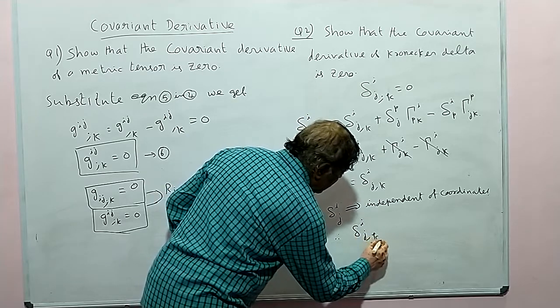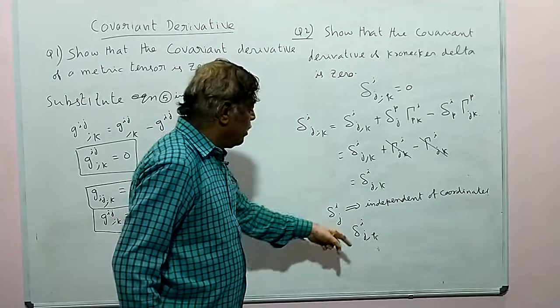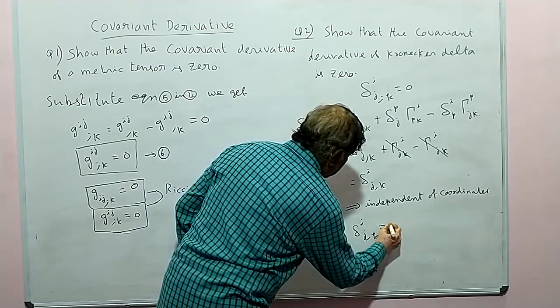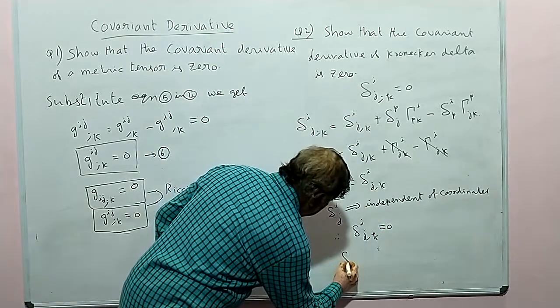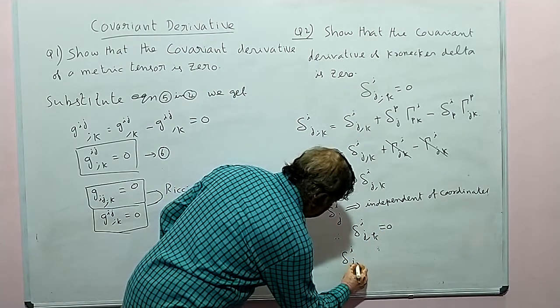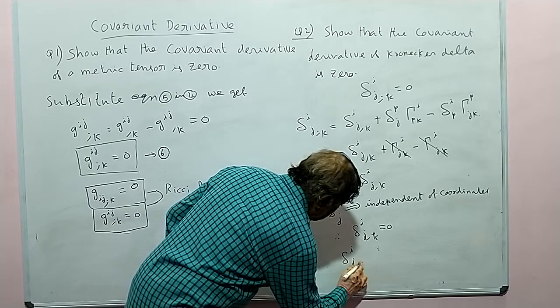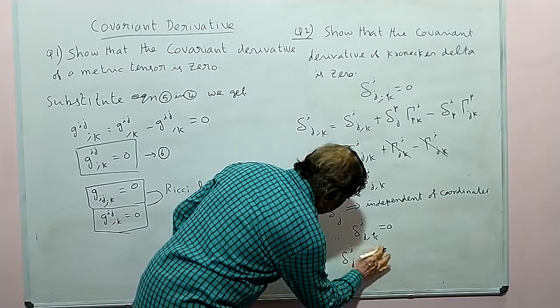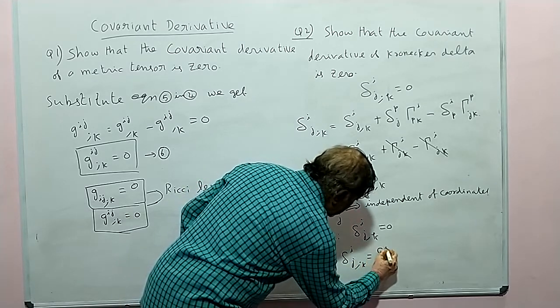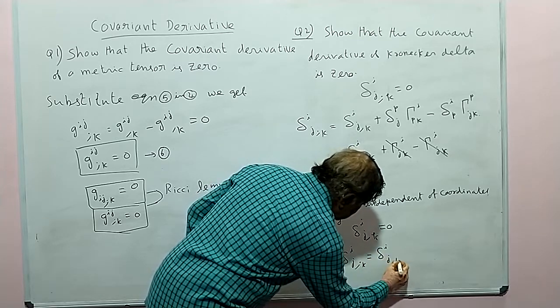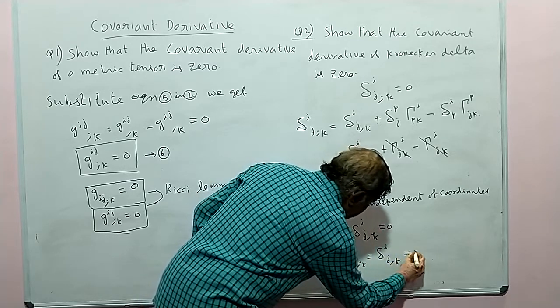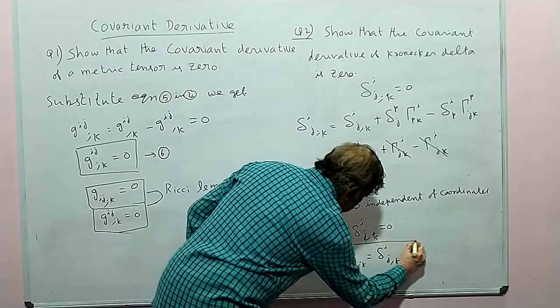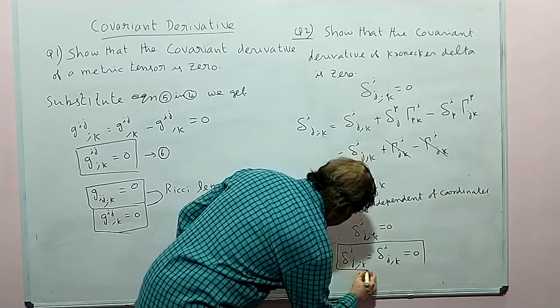If we differentiate with respect to the coordinate, this will be 0. Therefore, delta ij semicolon k is equal to delta ij comma k, this is a normal derivative, this is equal to 0. So this is another proof.